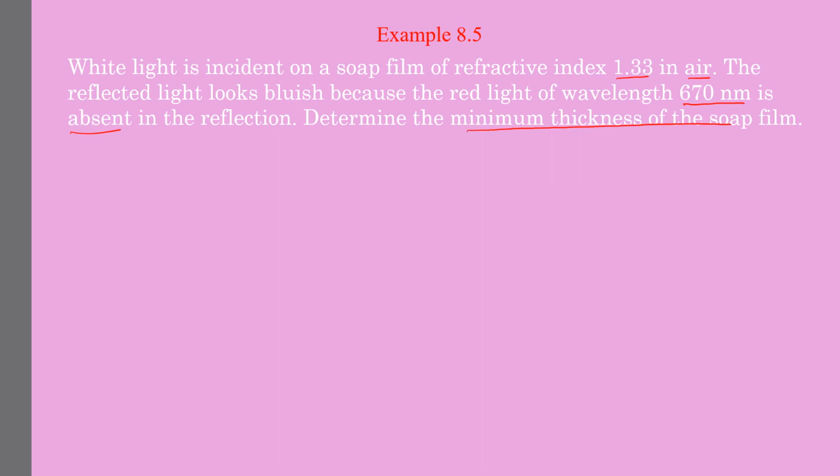Okay, this is the refractive index of water, 1.33, and there is air here, so the refractive index of air is equal to 1.0. Wavelength is equal to 670 nanometer, absent in the reflection.